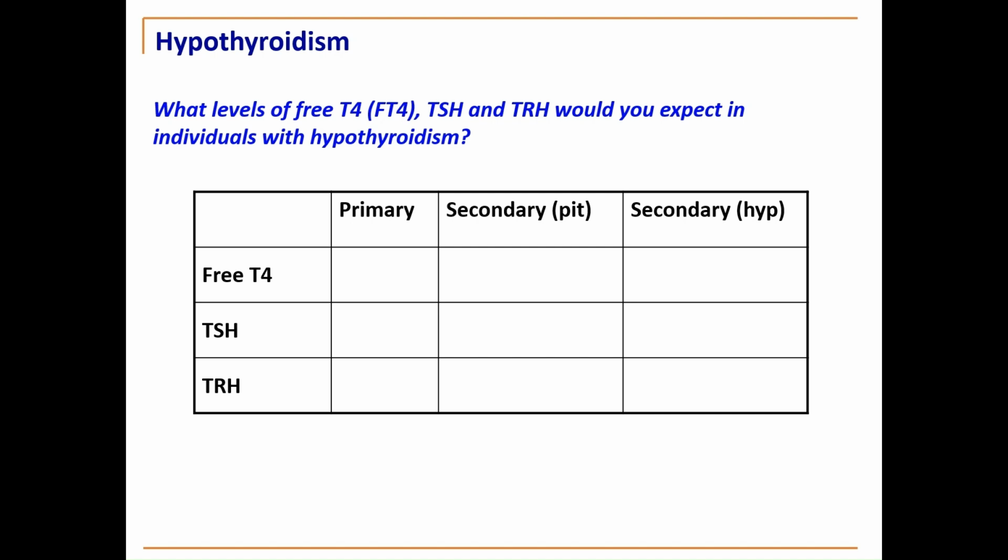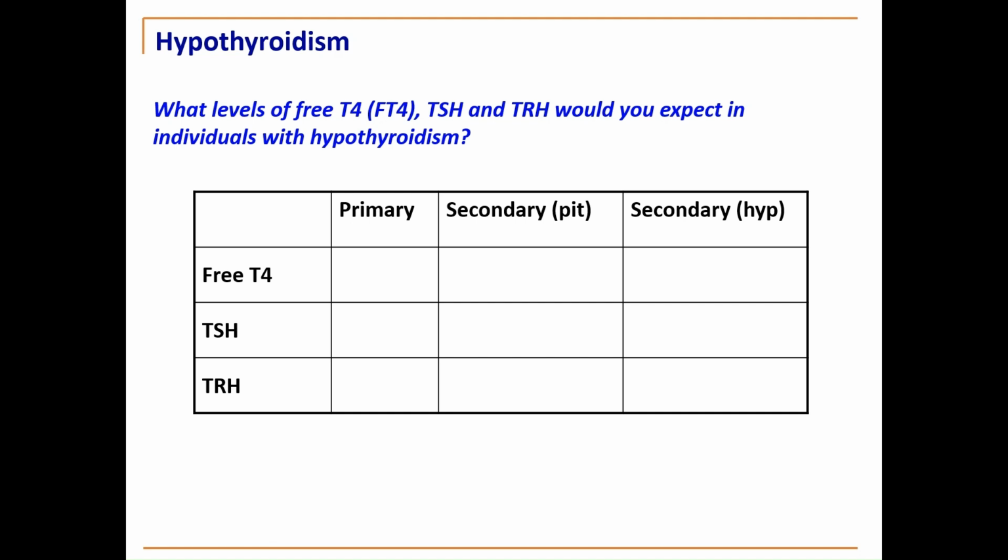You've got a set of thyroid function tests in front of you now, and you're going to tell me whether your free T4, so when we say free, that's the stuff that's floating around in the blood that is not bound to protein, okay, so free T4 or free T3, so we want to know what the levels of T4, TSH, and TRH would be, whether they are high, low, or normal, if we have primary hypothyroidism, so that's due to an issue with the thyroid gland, secondary hypothyroidism due to an issue with the pituitary gland, or tertiary hypothyroidism due to a hypothalamic issue.